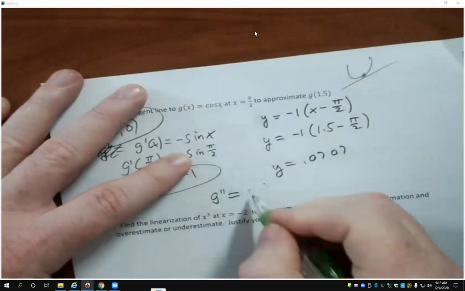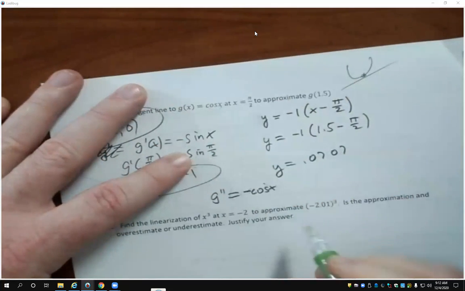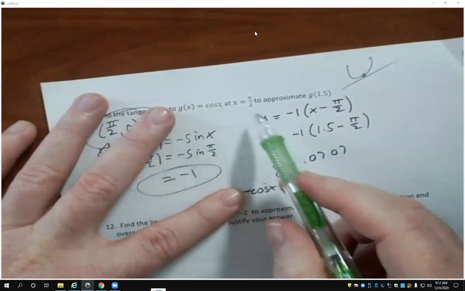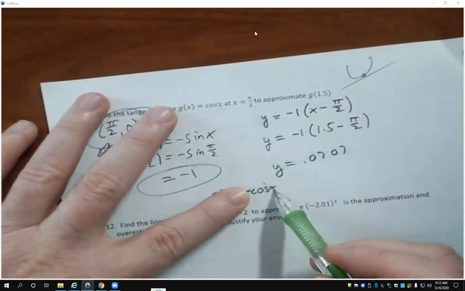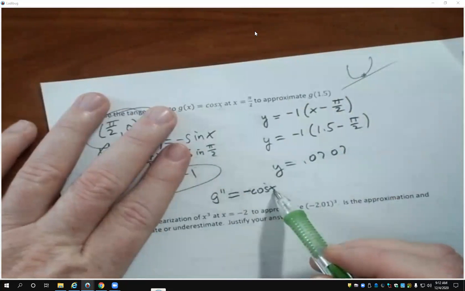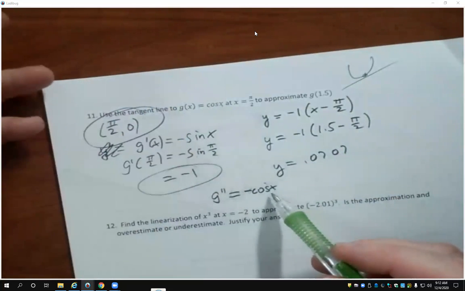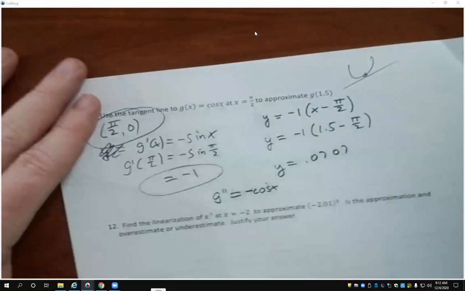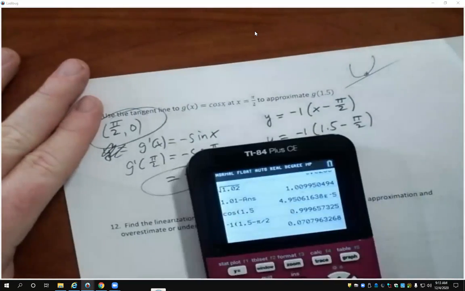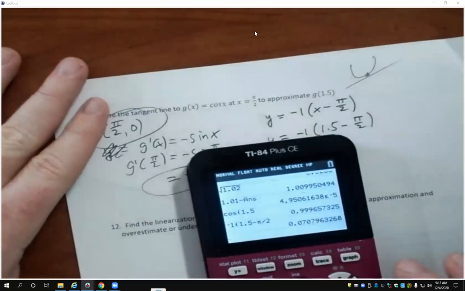The derivative of negative sine is negative cosine. And we're going to plug pi over 2 into that. What is the cosine of pi over 2? 0. So our second derivative is 0. That doesn't really help us, right? Okay. So we'll use our calculator to take a look at that.